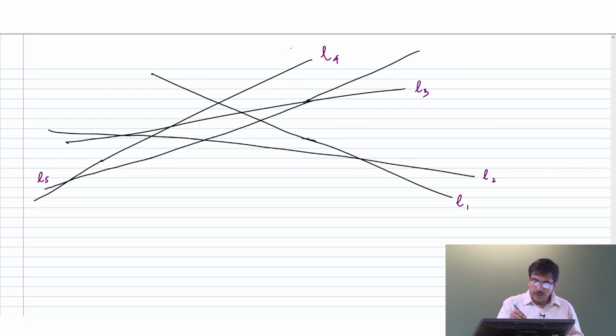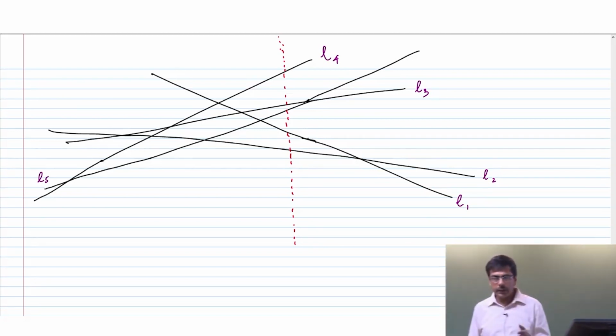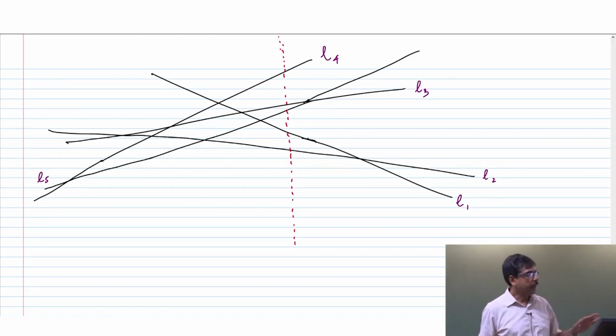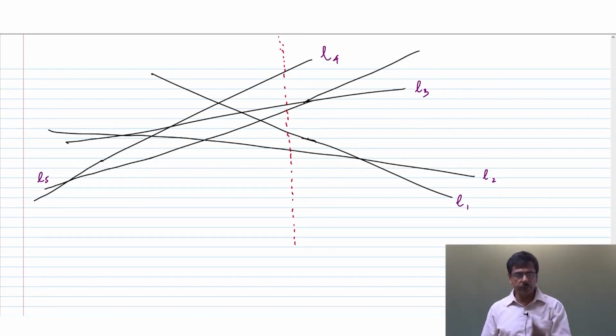Let me draw a vertical line at some point, some fixed value of x. If I don't have any vertical line in the arrangement, I have no issue. As I said, let us assume that there is no vertical line in the given set of lines. So when I draw a vertical line, there is nothing that it coincides with, so it always intersects.